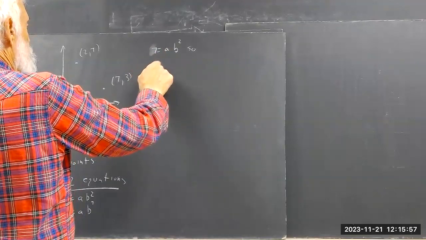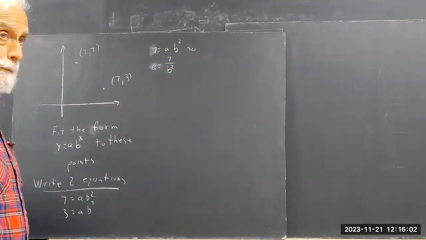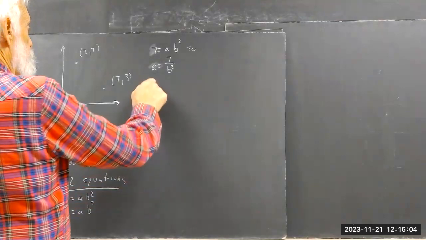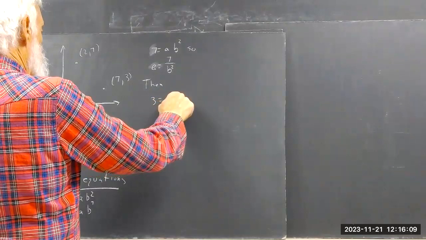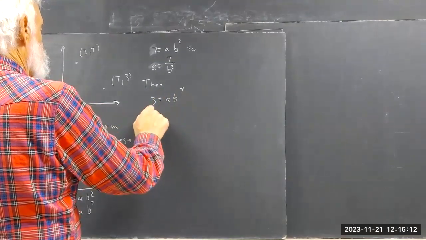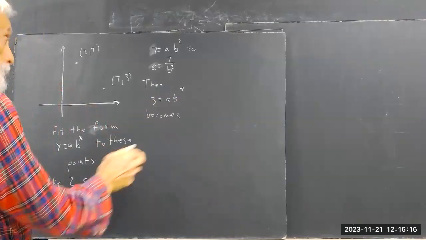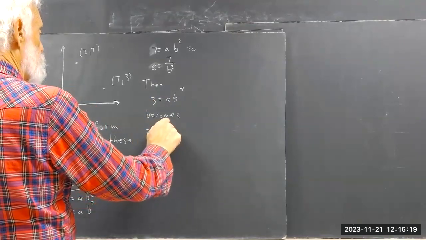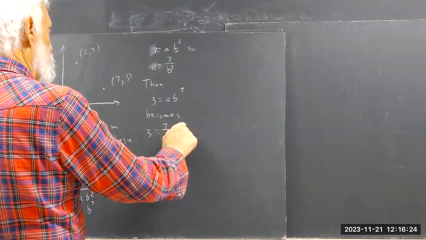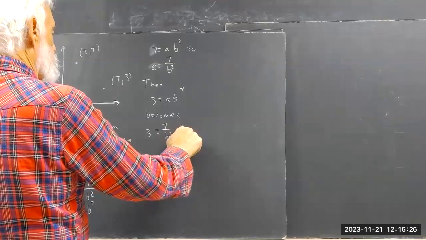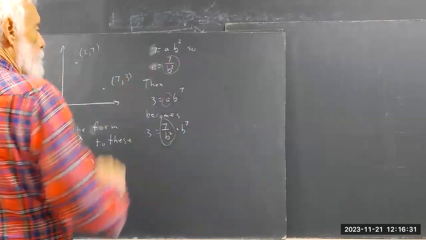Seven equals ab to the second, so a equals 7 divided by b to the second, right? And the second equation becomes 3 equals 7 over b to the second times b to the seventh, because I've replaced a by 7 over b to the second.